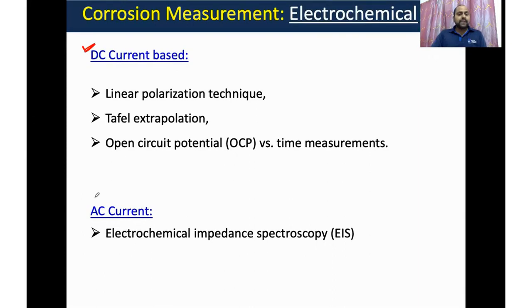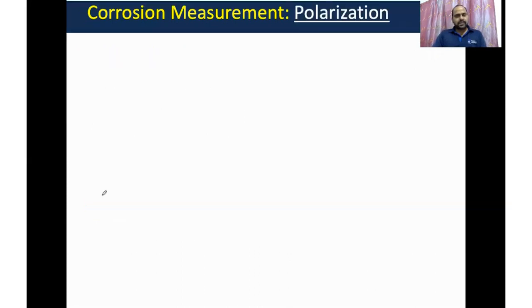And if we use AC current for measurement, then the well-known technique is electrochemical impedance spectroscopy, which we sometimes call EIS. So these four techniques we are going to discuss for electrochemical measurement.